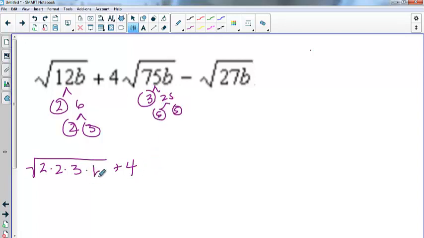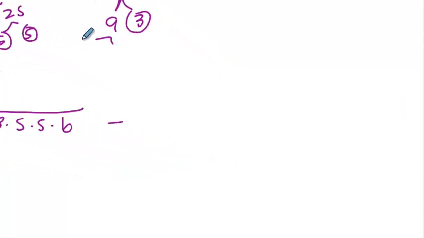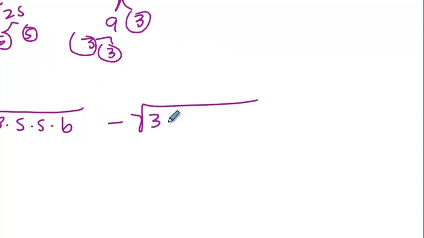Oh, I forgot the b here, guys. Radical 3 times 5 times 5 times b, minus, what about here? 9 and 3. 3 and 3. So I have radical 3 times 3 times 3 times b. Now what?